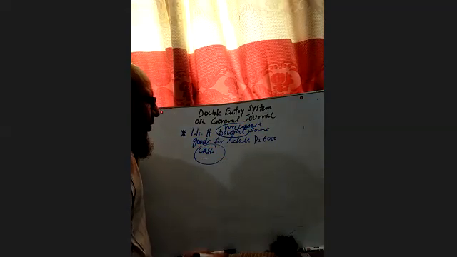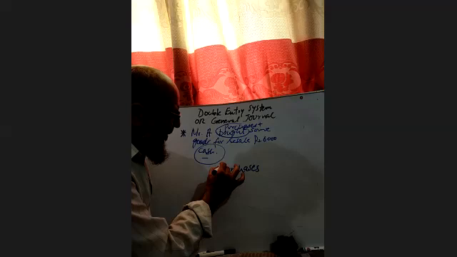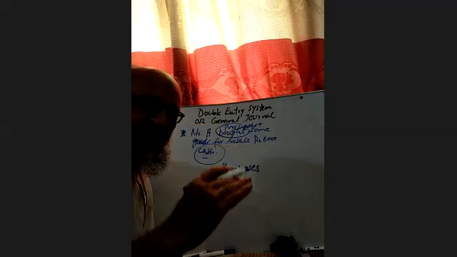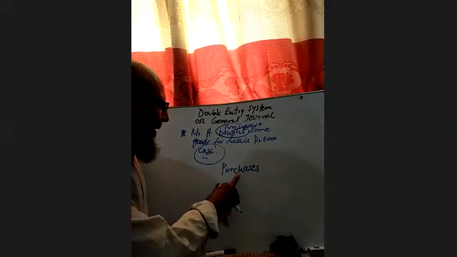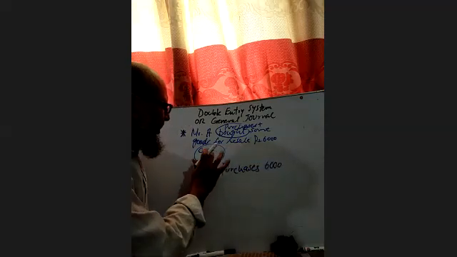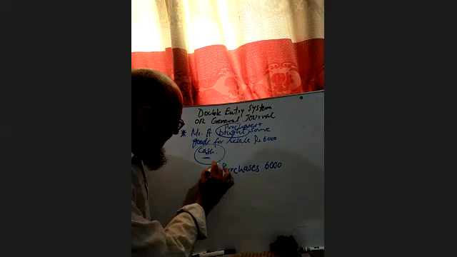So your entry is purchases debit because purchases is your expense. Expense increases, it is debited. So purchases debit, your cash is asset. Asset has been decreased.